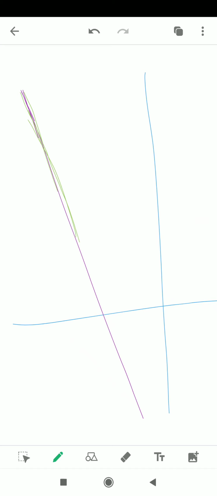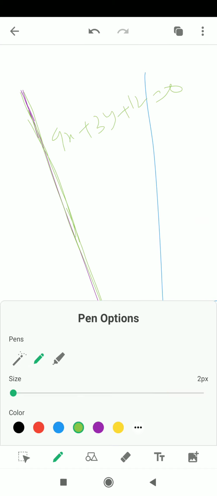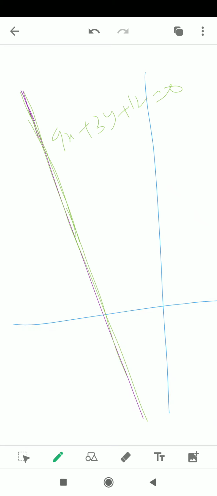Green line and that violet line are both on the same line. What is the green? 9x plus 3y plus 12 equals 0, and that violet line is 18x plus 6y plus 24 is equal to 0. So both of these represent the same line. Therefore they are coincident.